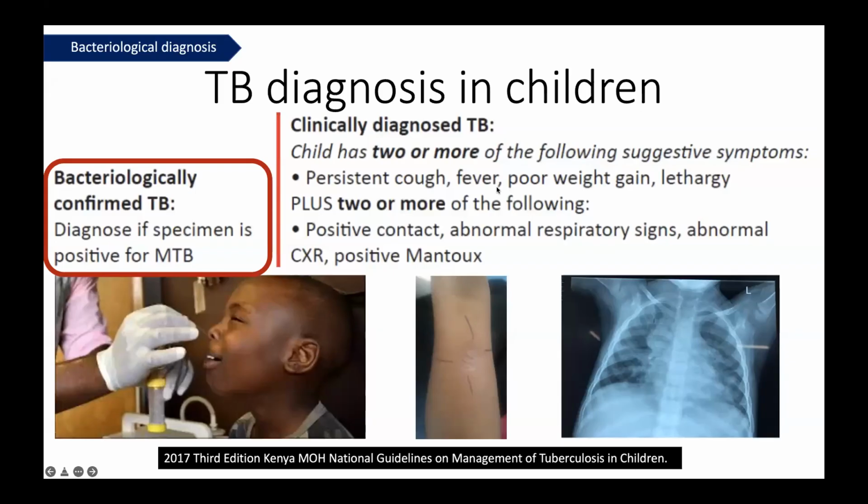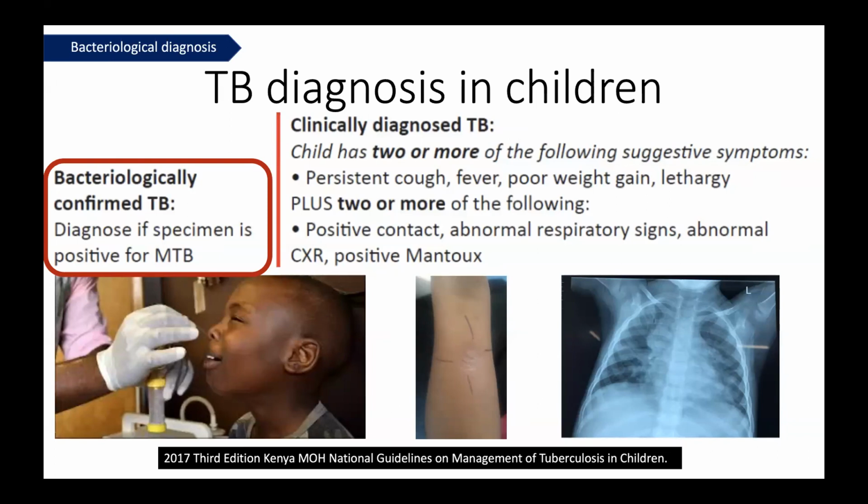So the Mantoux test, your tuberculin skin test, I think is still a very important test, especially in children, because it shows us whether there's been infection. We know children who are under 5 are at risk of moving from infection to active disease.